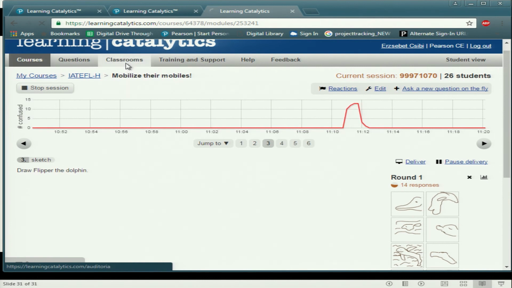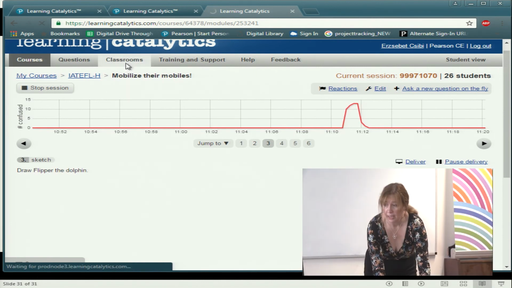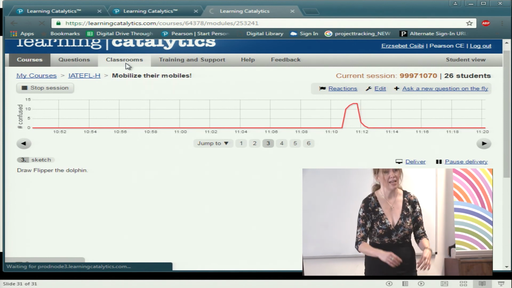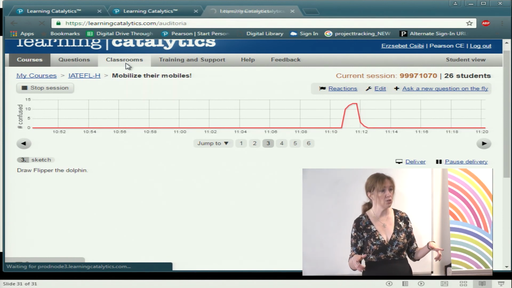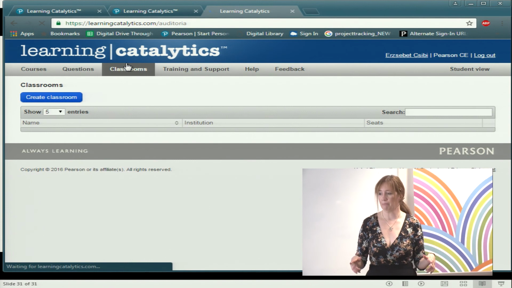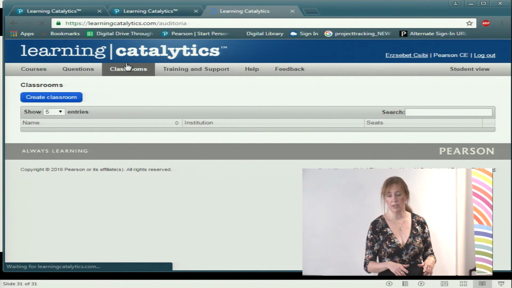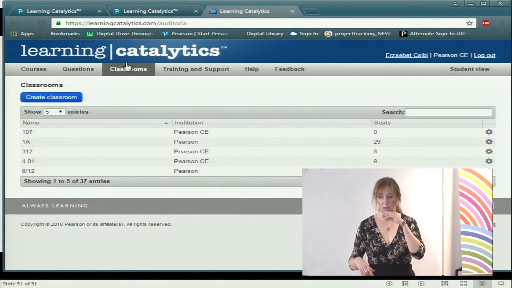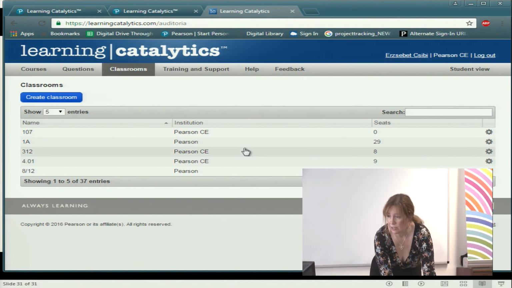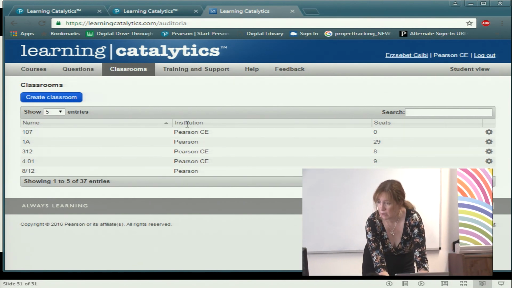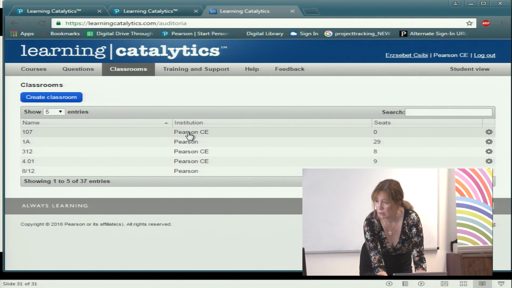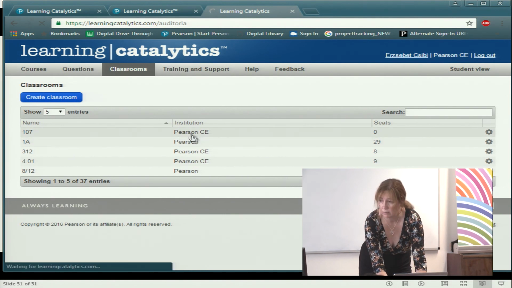As I said, we can have classrooms inside, so you can save the classrooms where you usually have your lessons, and you can draw the map of the classroom. So, for example, this one.